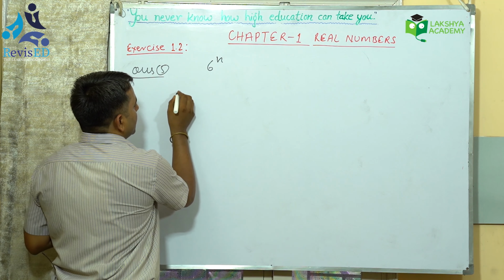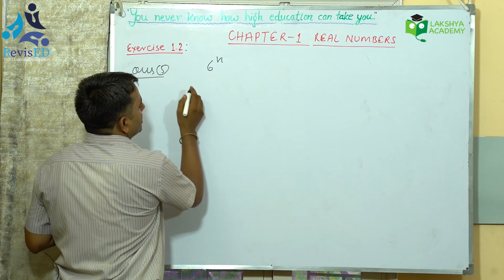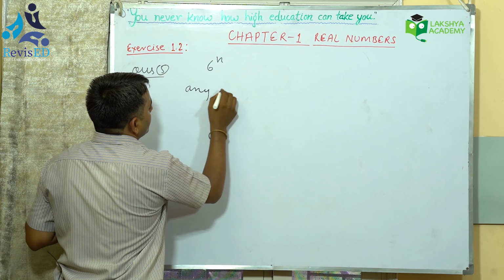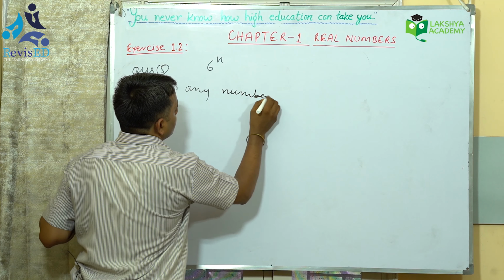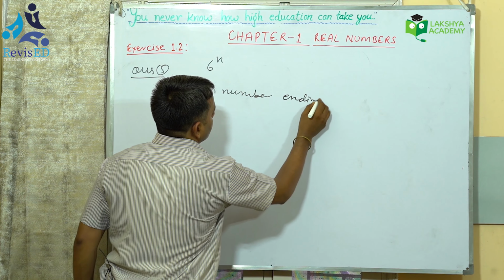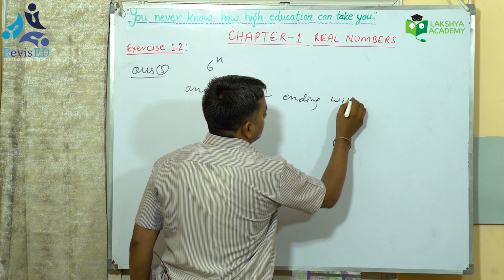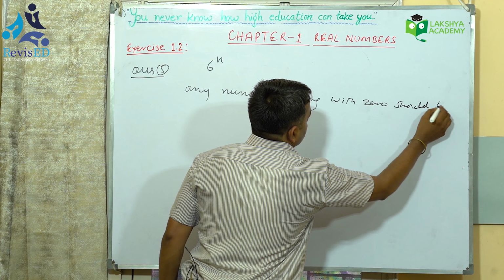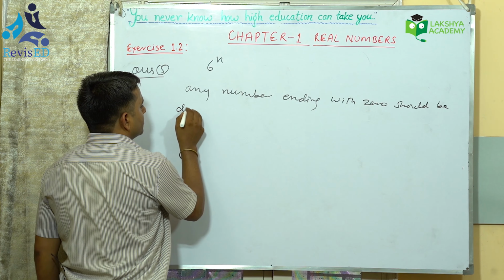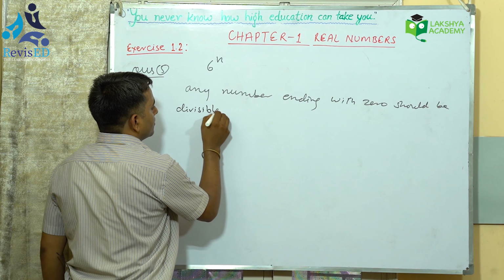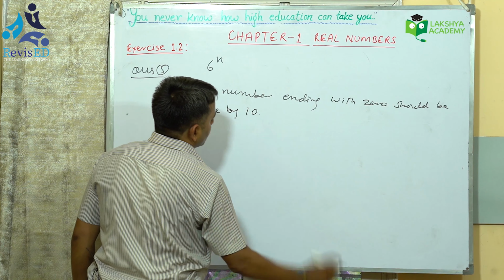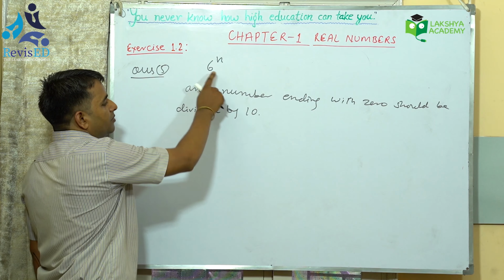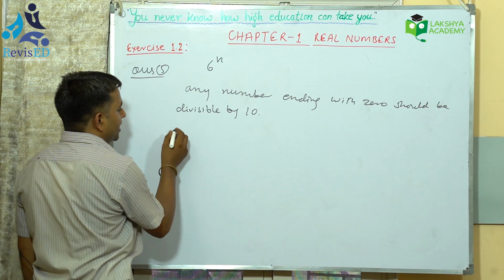We know that if any number ends with 0, it should be divisible by 10. So this number to end with 0 means it should be divisible by 10.